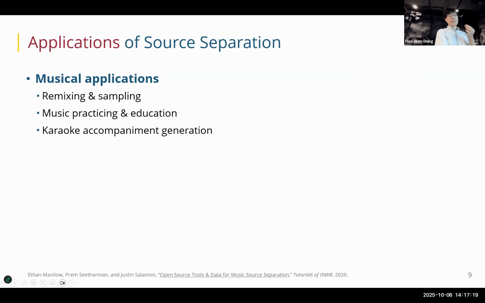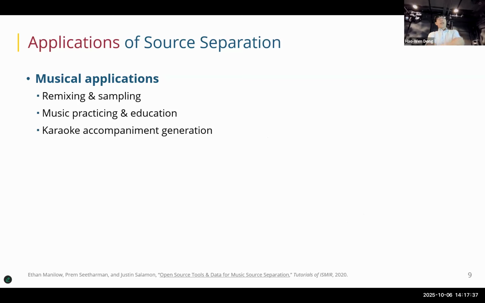So source separation is important in many cases. Usually that's one of the first things people do. For a lot of MIR tasks, but in this case, physical applications, there's a lot of things: remixing, sampling, where you just want to grab one track, or redo one of the tracks.